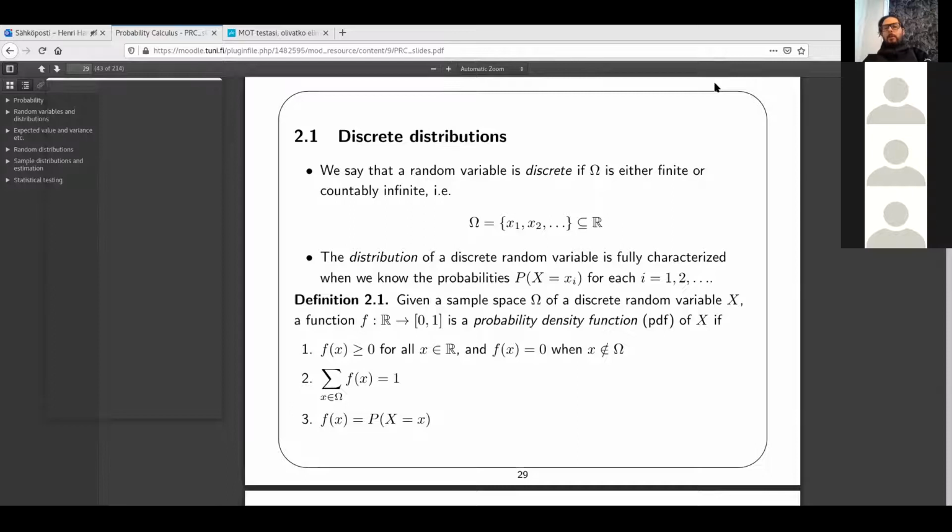So for example, in the case of the die roll, we would have the probability density function where f(1), f(2), f(3), f(4), f(5) and f(6) are all 1/6. And for all other possible values, it's 0, obviously. This would be the density function for the die roll.